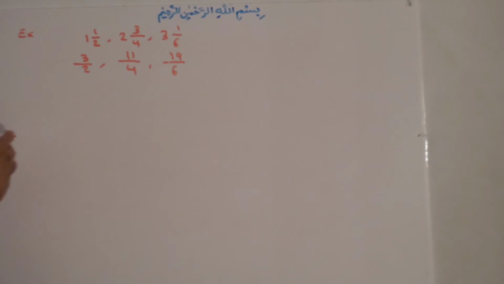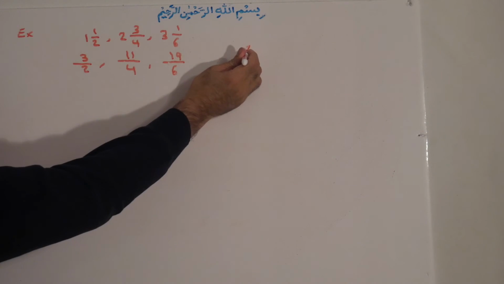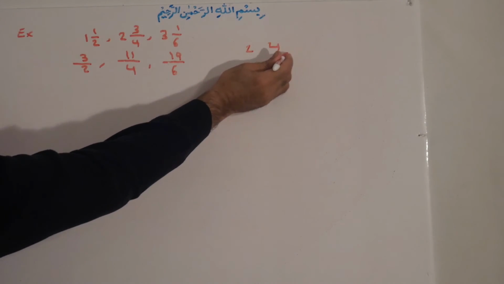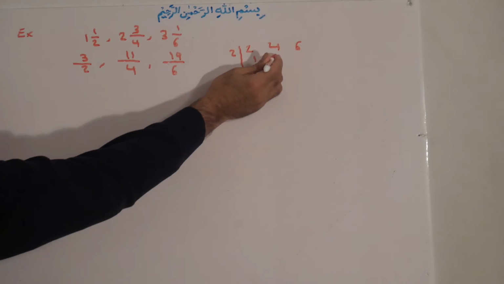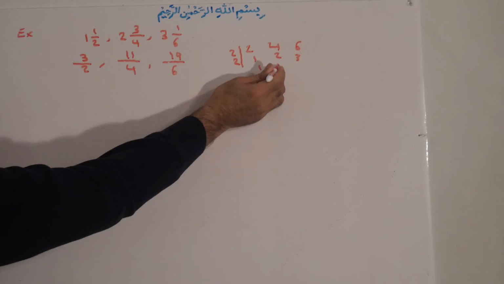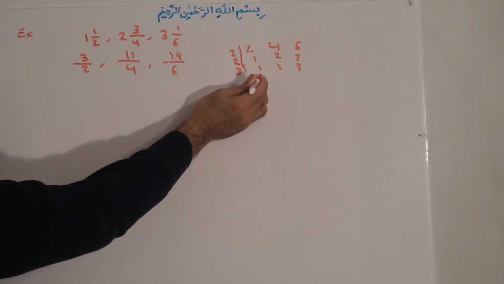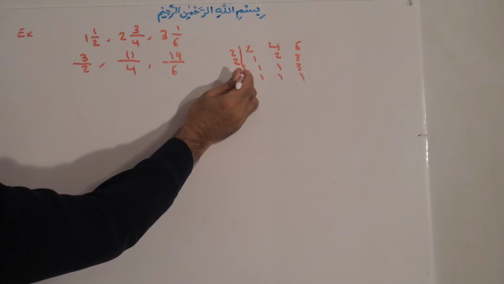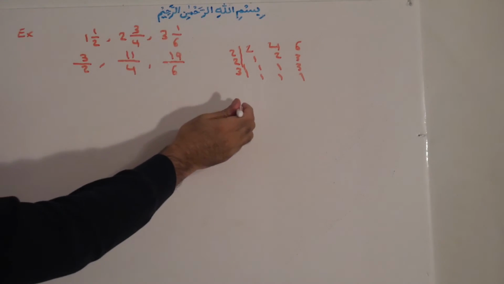Now we should find the common LCD or common denominator. 2, 4, 6 divisible by 2: 1, 2, 3. Again by 2: 1, 1, 3. And by 3: 1, 1, 1. I do this faster because I know that you know this from previous lessons. 2 times 2 is 4, 4 times 3 is 12.